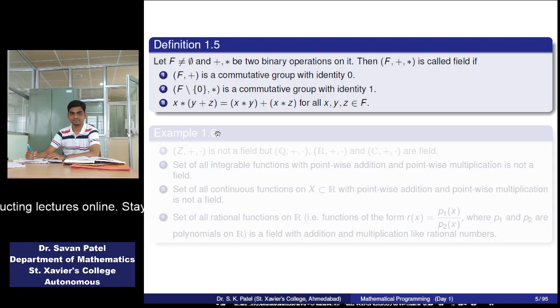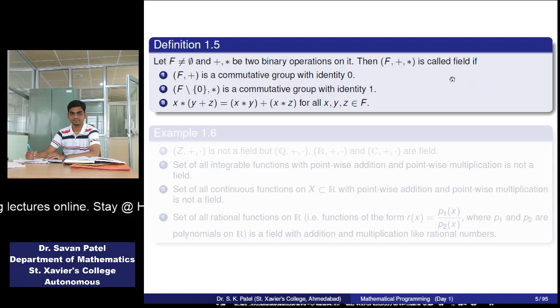Means x star (y plus z) should be the same as x star y plus x star z for all x, y, z in F. If these three conditions are satisfied, then (F, plus, star) is called a field.